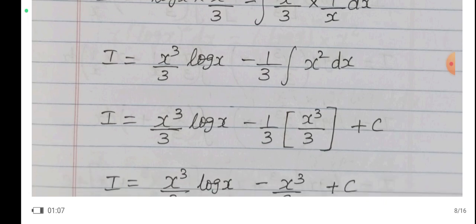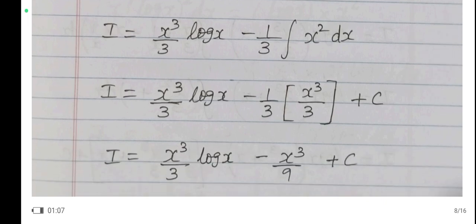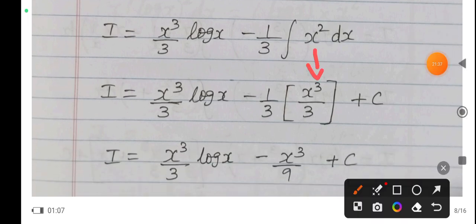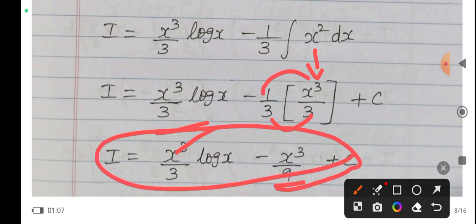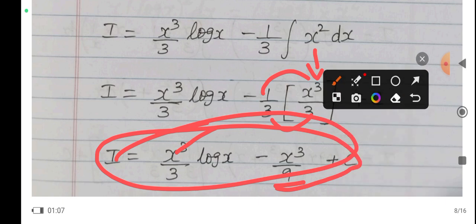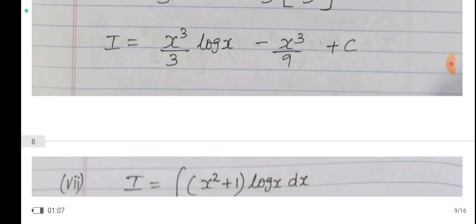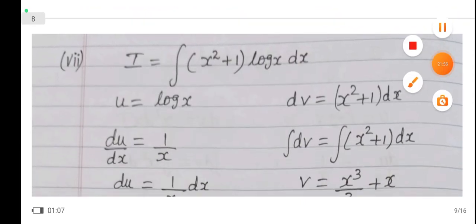Once we integrate x square, what will come? x square integration is x cube by 3. Then we got x cube by 3 log x, the 3 you multiply, children, minus x cube by 9 plus c. So I equals x cube by 3 log x minus x cube by 9 plus c. Clear? Check.